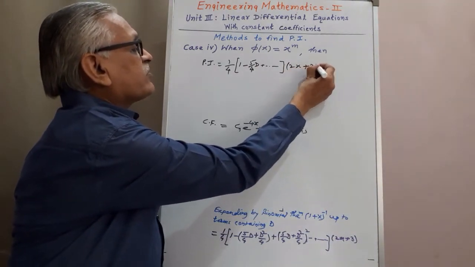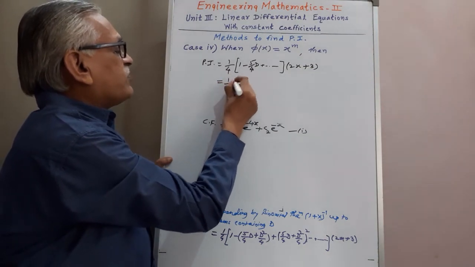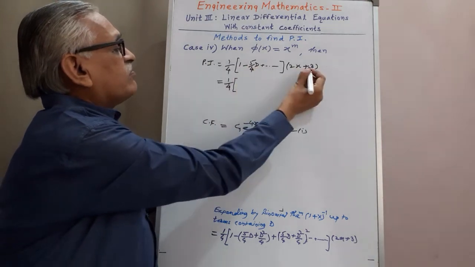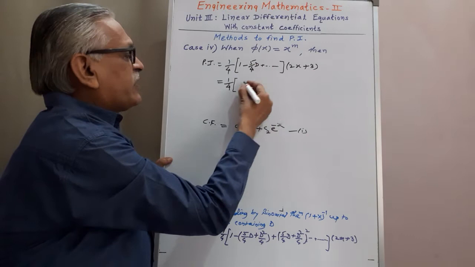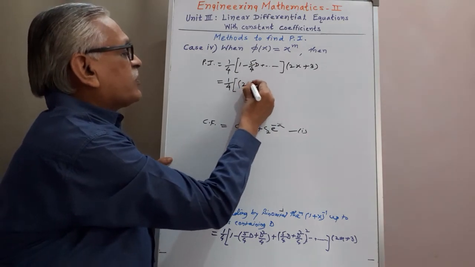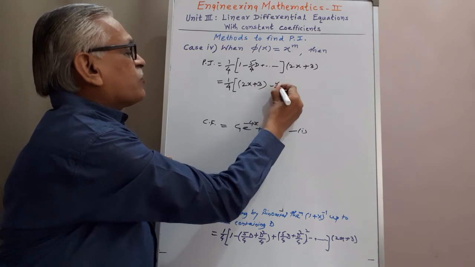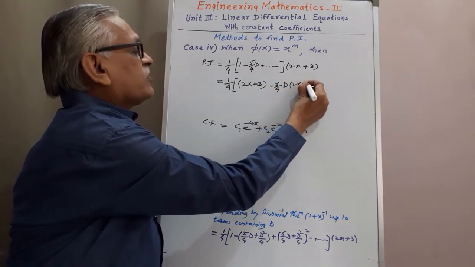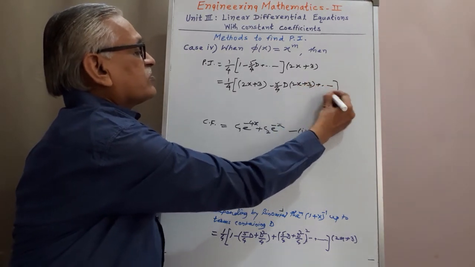2x plus 3, and therefore it is 1 by 4 times, operating or multiplying term by term. Therefore 1 into this term we get the same term, that is 2x plus 3, minus 5 by 4 D of 2x plus 3, and so on.